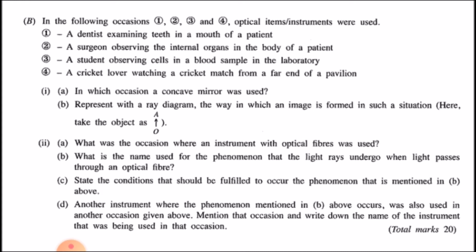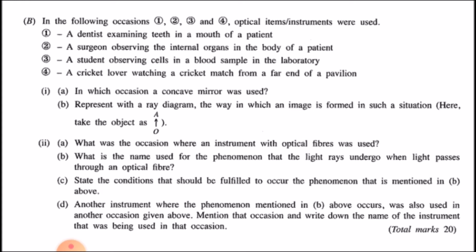Part A: in which occasion was a concave mirror used? Part B: represent with a ray diagram the way in which an image is formed in such a situation. Within brackets, take the object as OA.